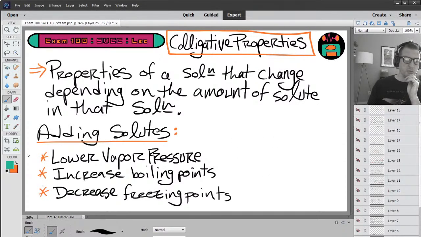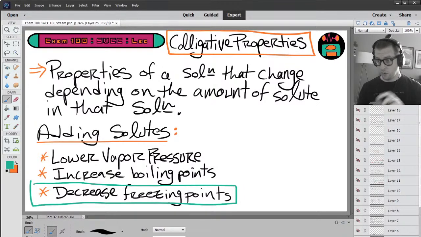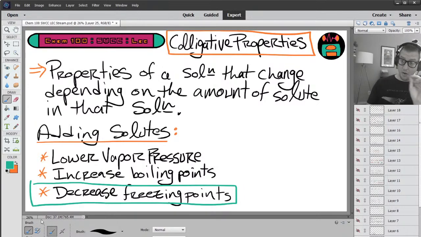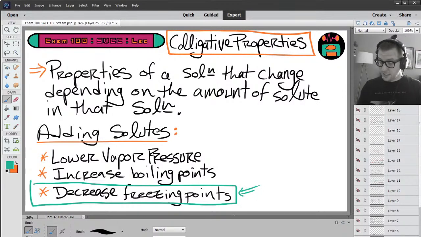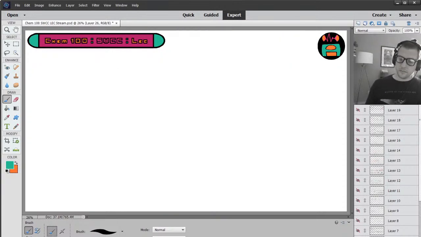We are going to park on the colligative property of freezing point depression, or freezing point. I'm going to park on this for a minute and kind of dig a little deeper into freezing point depression. So let's talk about freezing point depression.